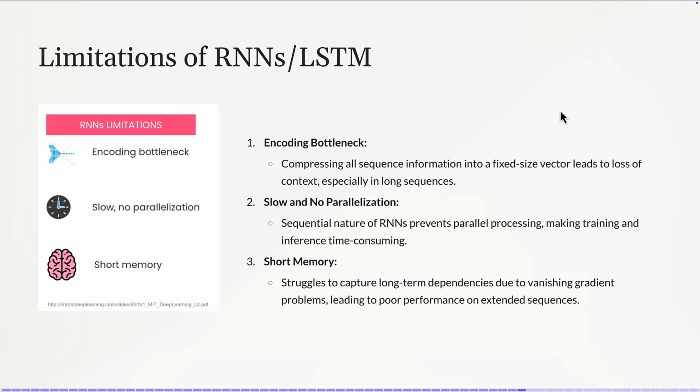Another problem is slow, non-parallelizable processing. In a recurrent neural network, you need to process the words one by one. You cannot process them in parallel. So if you have a long sequence, you need to process it one by one, so you lose the parallelization capability. That's why they are somewhat slow. The sequential nature of RNN prevents parallel processing.